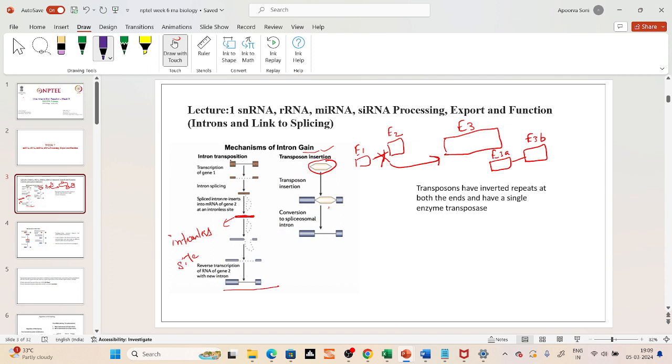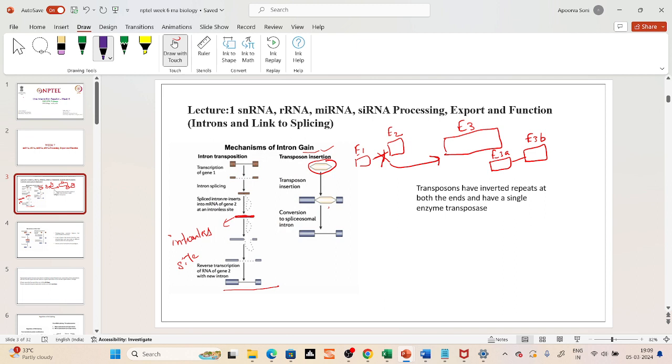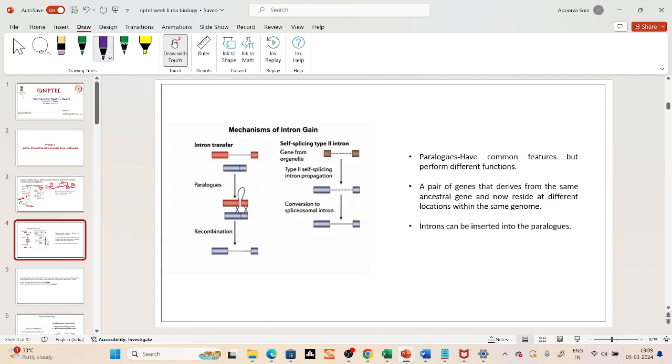An intron can be transpositioned from one exon to another exon, or a transposon can be inserted and then converted into a spliceosomal intron. Another thing is that an intron can be transferred into a paralog of itself.